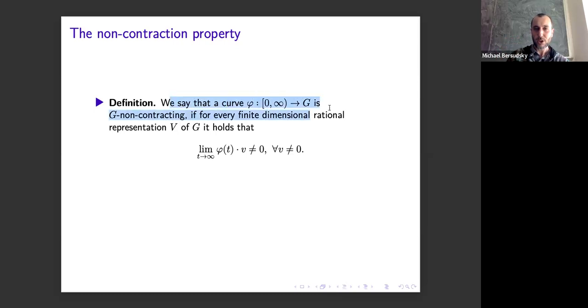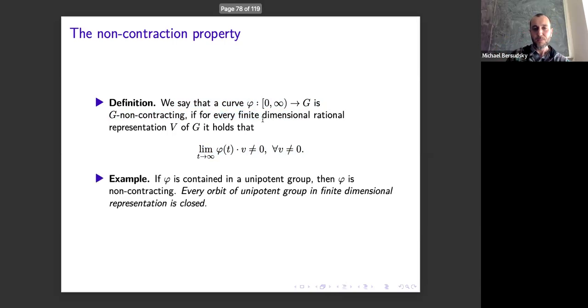So we say that the curve is non-contracting if for every finite dimensional rational representation, the curve does not shrink non-zero vectors to 0. This may look like a very difficult thing to verify, but let's have some examples, and I hope to convince you that it's actually very verifiable in explicit examples. It's just an exercise.